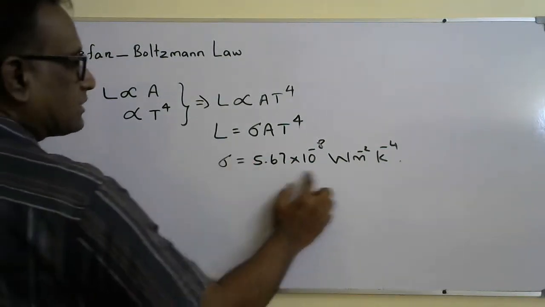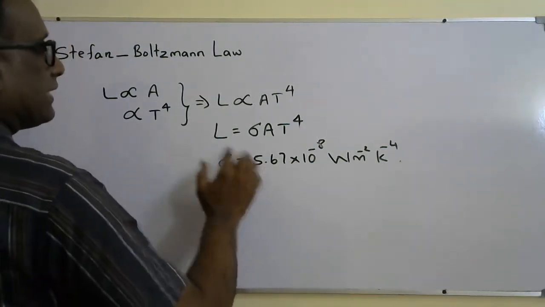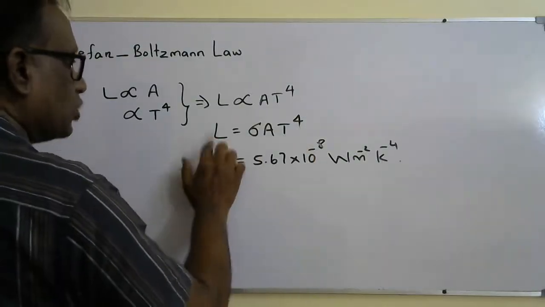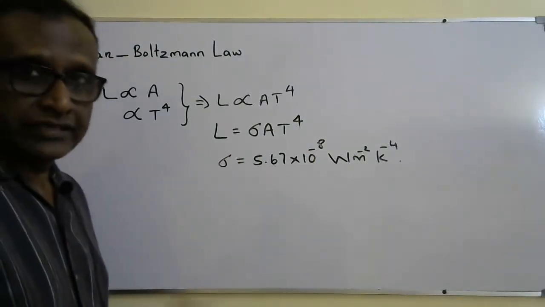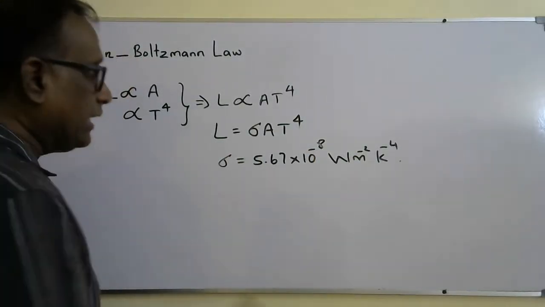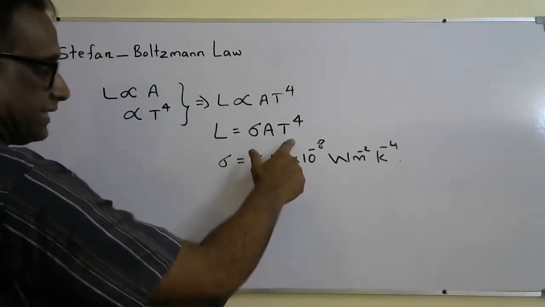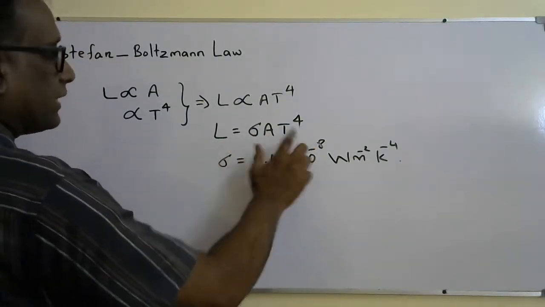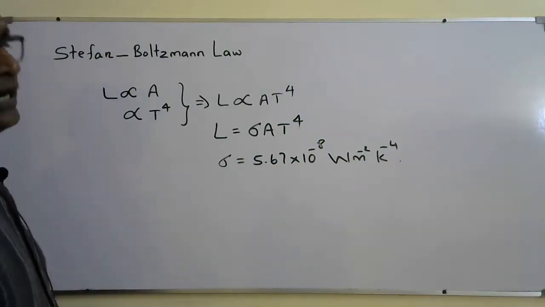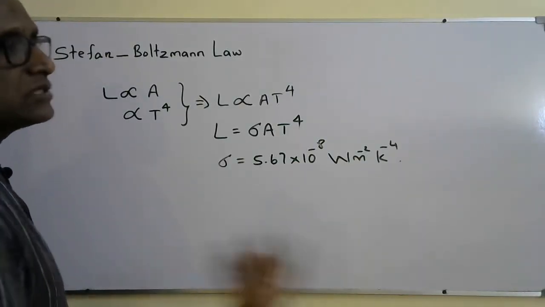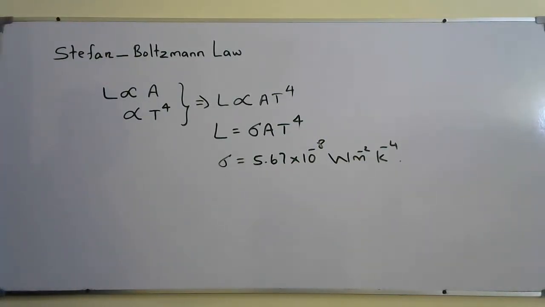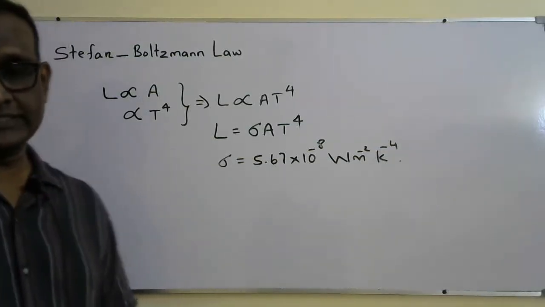Sigma we know, since it's given in the data sheet. Other than that, there are three other quantities: luminosity, the power of the radiation emitted by the black body, A the surface area, and T the temperature. Out of these three quantities, they'll give any two and ask for the third. Those are the calculation questions that come in past papers.